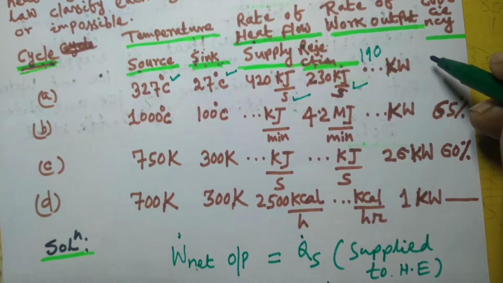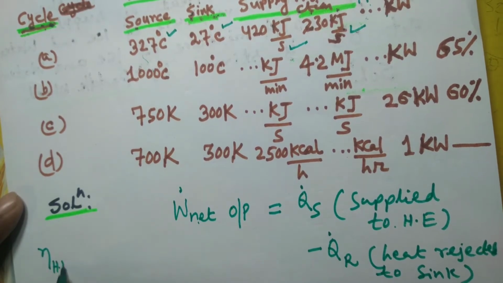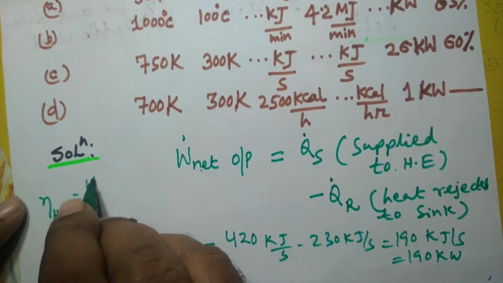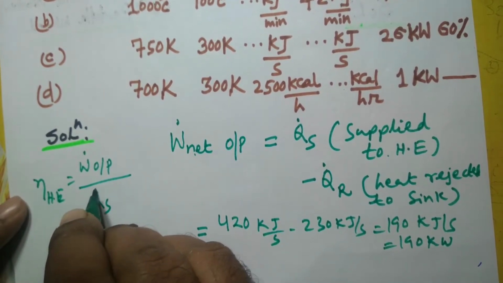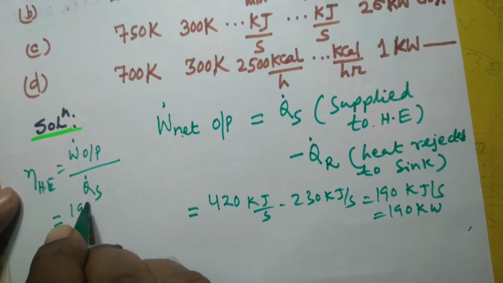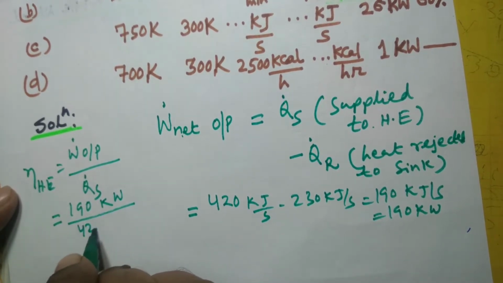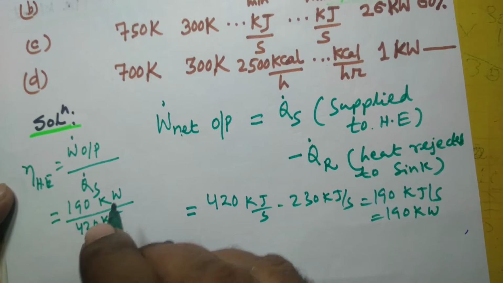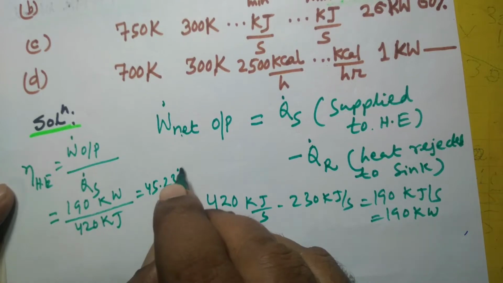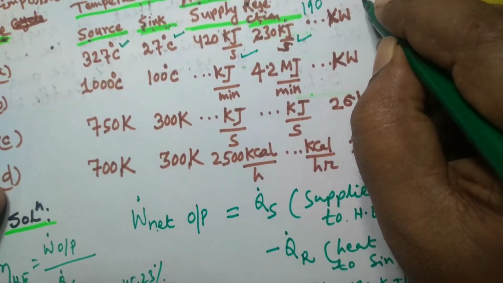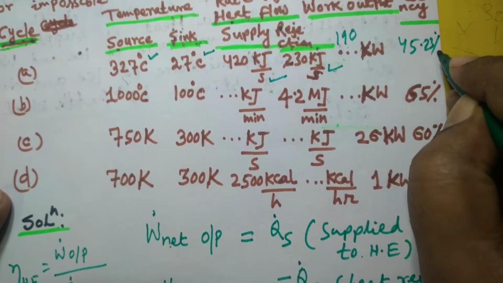Next, we have to find out the efficiency. So the efficiency of this given heat engine cycle is nothing but the net work output divided by the rate of heat supplied, that is equal to 190 kilowatt divided by 420 kilowatt, that is equal to 45.23%.